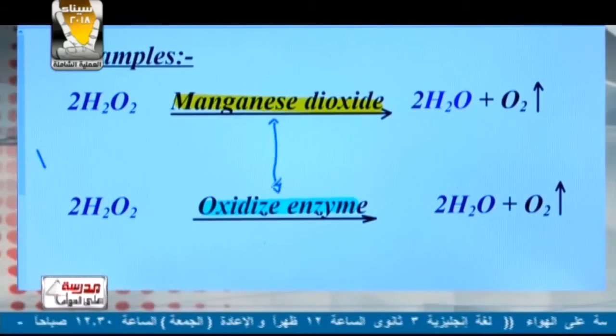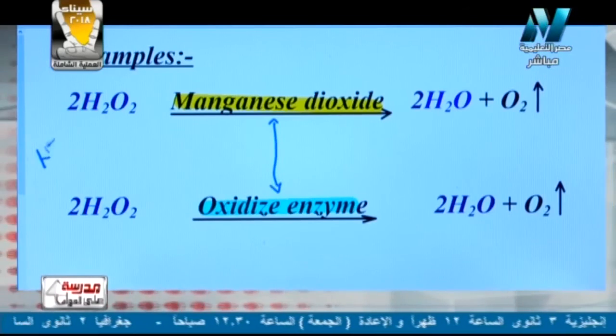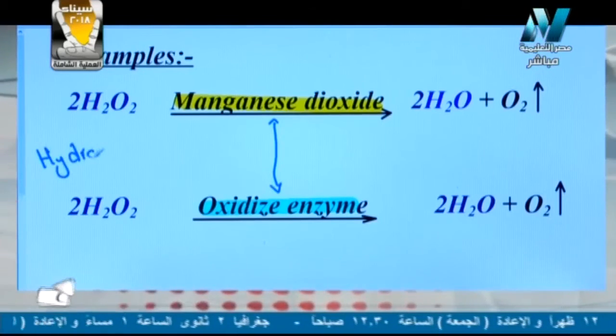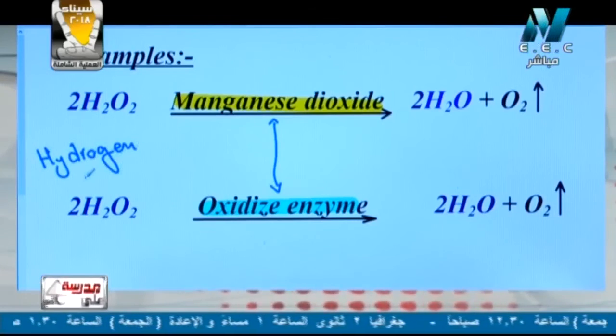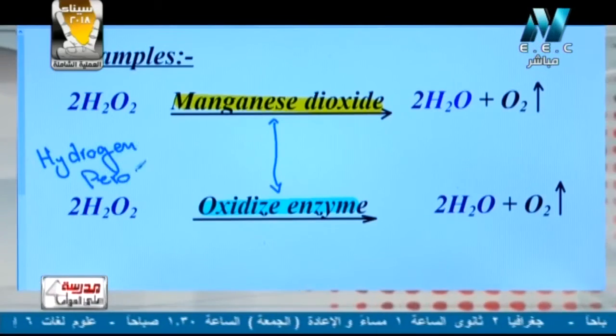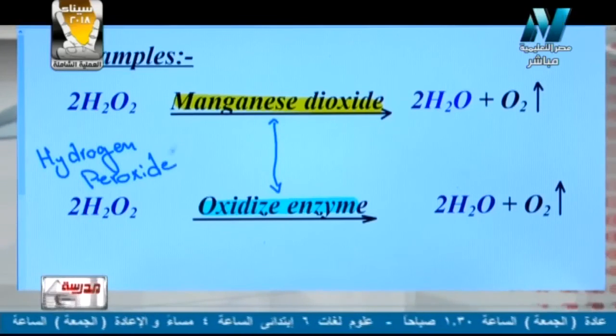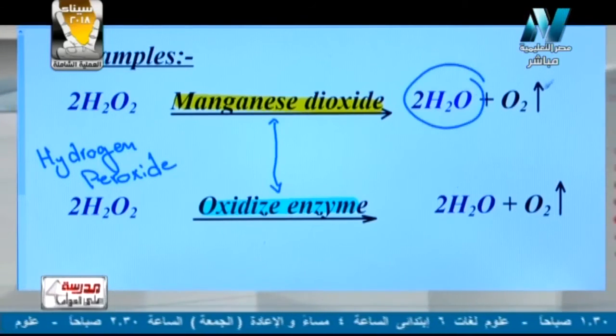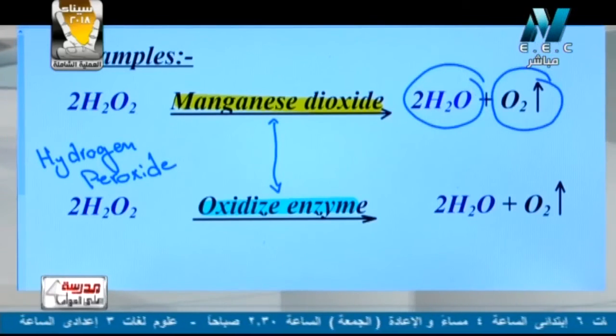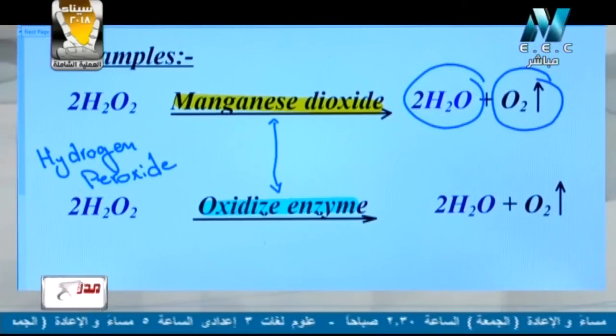Both are catalysts. Here we have hydrogen peroxide, not dioxide. Okay, hydrogen peroxide decomposes into water and oxygen gas evolves. So I think we cover all points in this lesson.